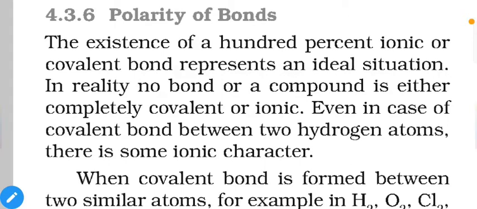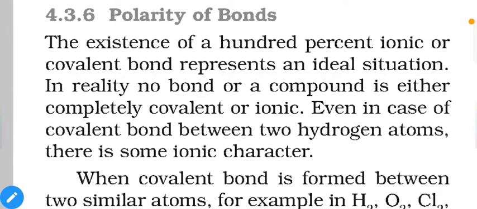Similarly, molecules also carry two different types of ends, certain molecules, not all of them. If two different atoms combine with each other to form a covalent bond, then there will be some polarity depending on the difference of electronegativity. We can understand these points more easily using examples.